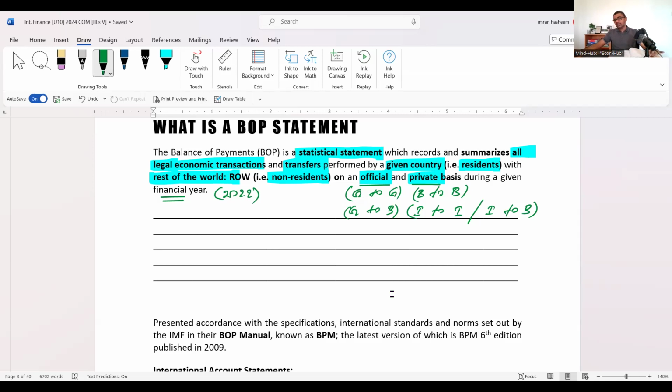We'll make sure that we are talking about these statements according to the guidelines given by the IMF, because that is what your examiners will expect from you when you go to the exam also, right? So a small note I want to give on that. I'll go to the virtual whiteboard.